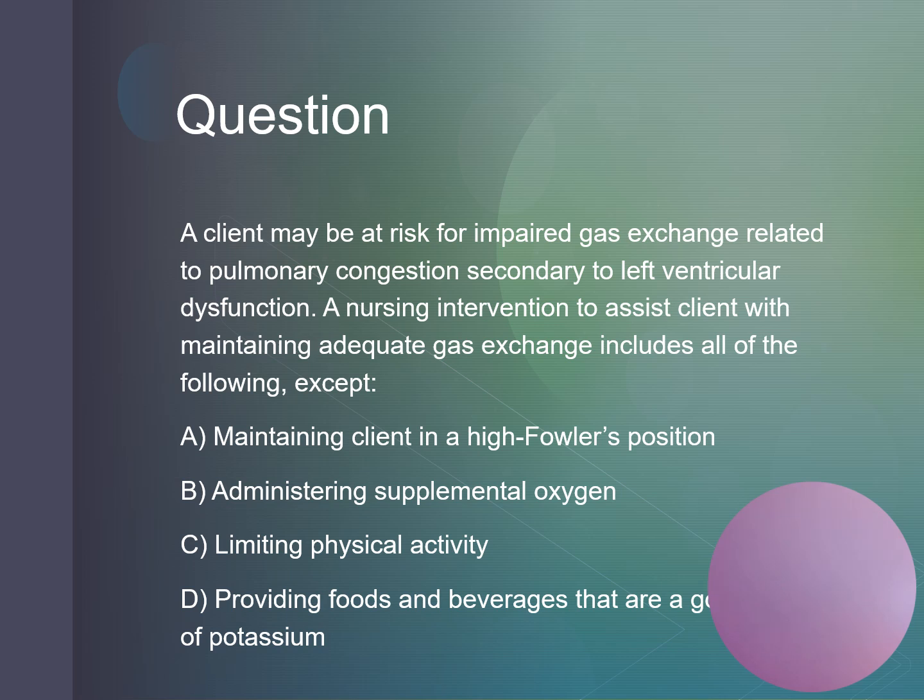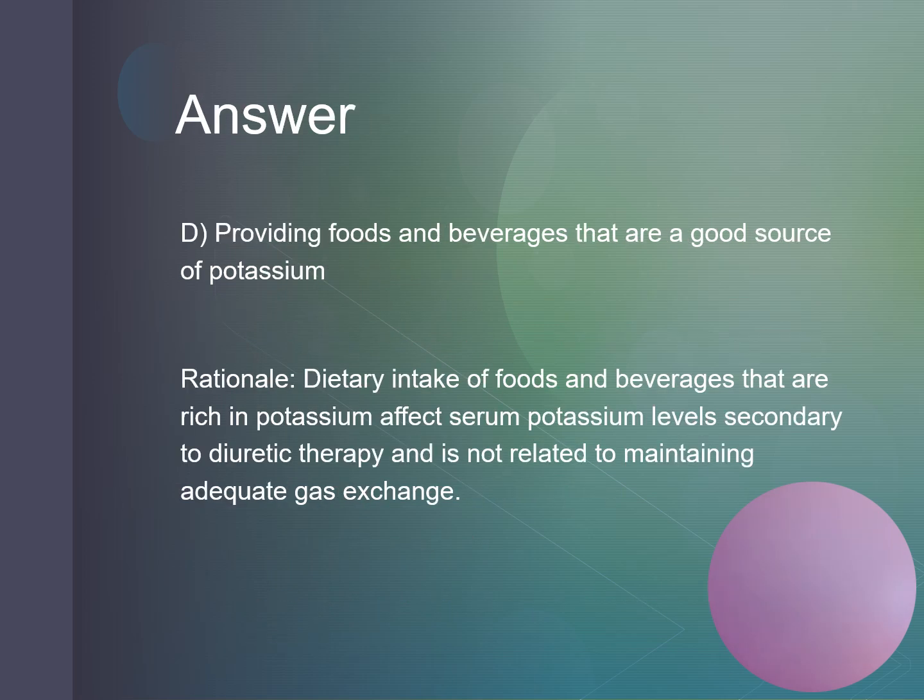A nursing intervention to assist the client with maintaining adequate gas exchange includes all of the following except maintaining the client in a high Fowler's position, administering supplemental oxygen, limiting physical activity, or providing foods and beverages that are a good source of potassium. Providing those foods and beverages that are a good source of potassium.